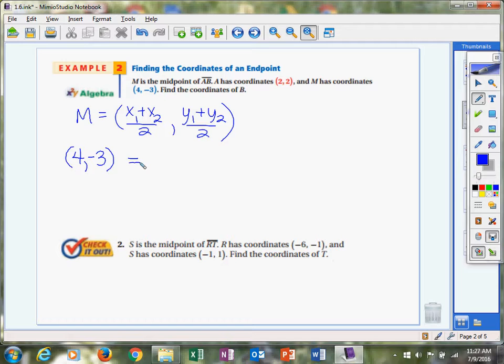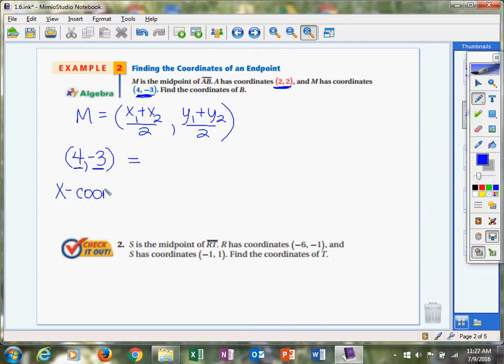Let's say coordinate A is (2, 2). Let me underline that, because we're going to need it. We're not going to need both of these numbers simultaneously, so let's pick it apart. Let's start with the x coordinate first.